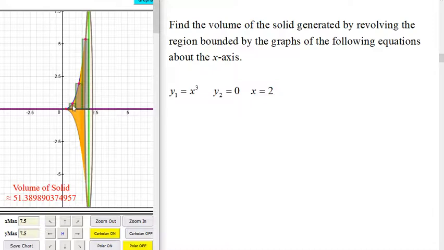And just like before, what we do is we fill the bounded region with rectangles and then revolve each rectangle around the axis of revolution, and that will give us discs, and then find the volume of each disc and then add the volumes of the discs together, and that will give us the volume of the solid of revolution.